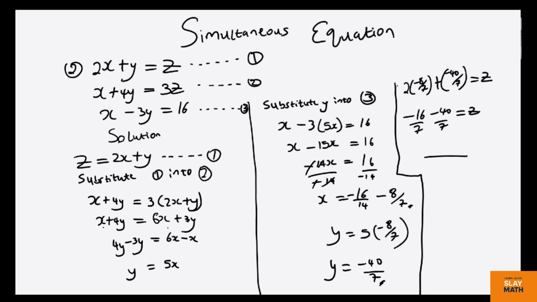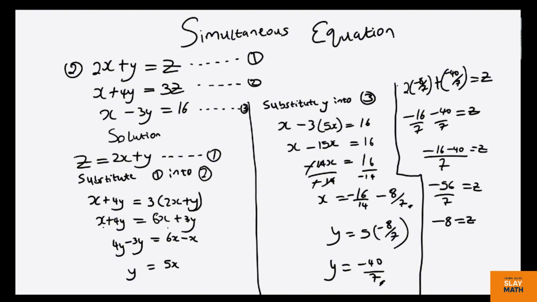I'm actually enjoying it, so that's fine. Okay, so to find the LCM, we just have 7. Minus 16 minus 40 is minus 56 over 7 equal to z. So minus 56 over 7 is minus 8 equal to z.